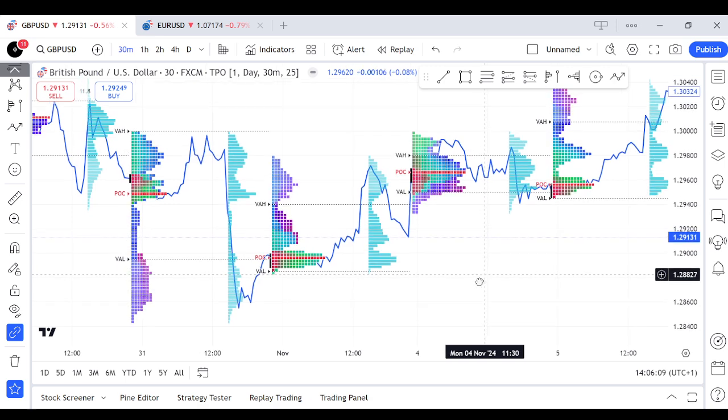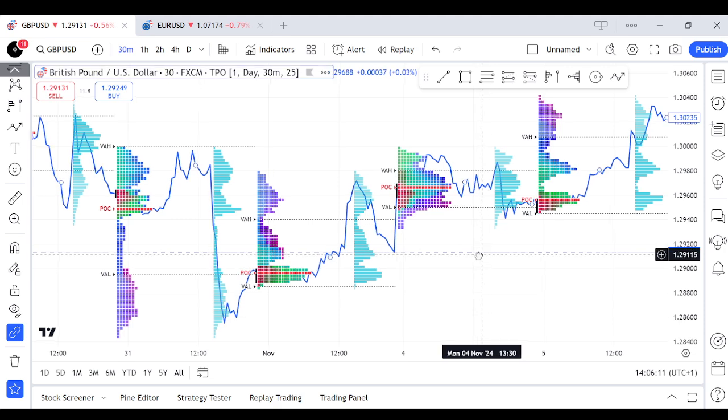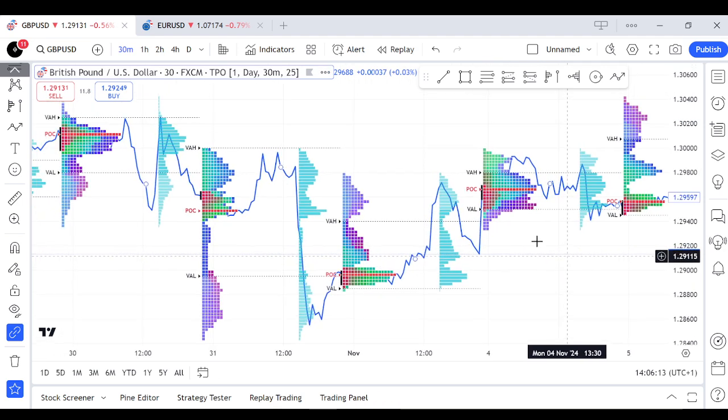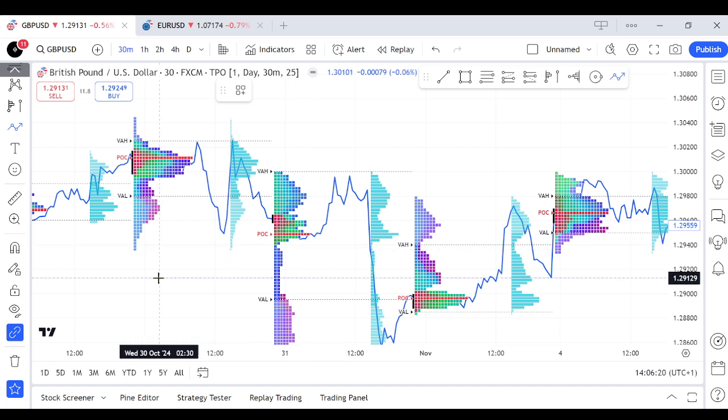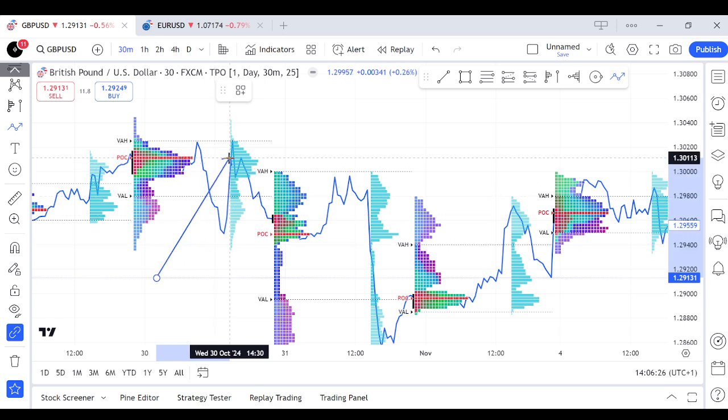So let me just show you that. Now you can see price traded below this value area low right here, and after that you can see price reverting to the mean.